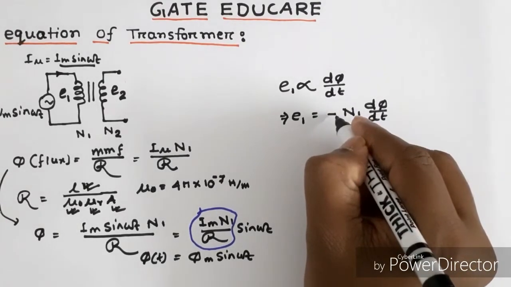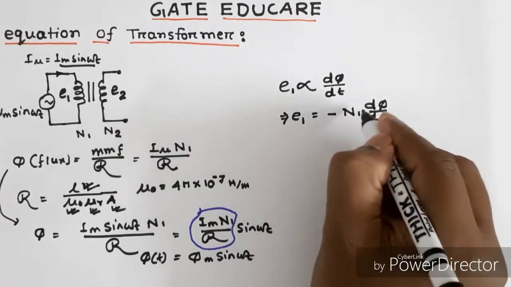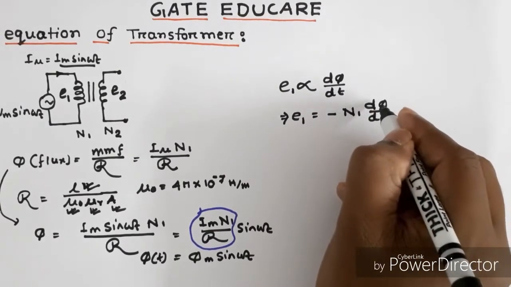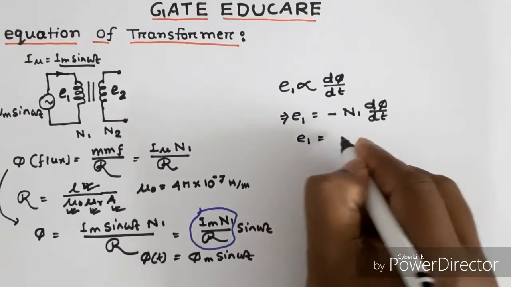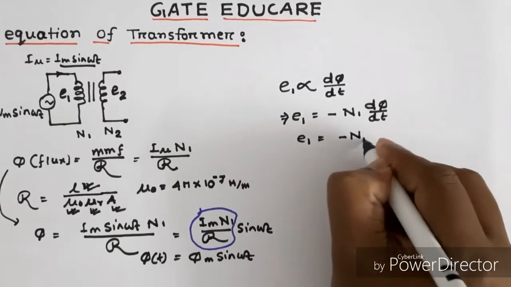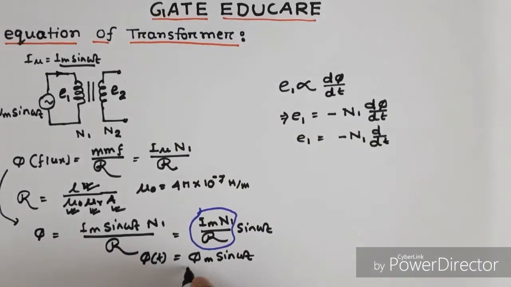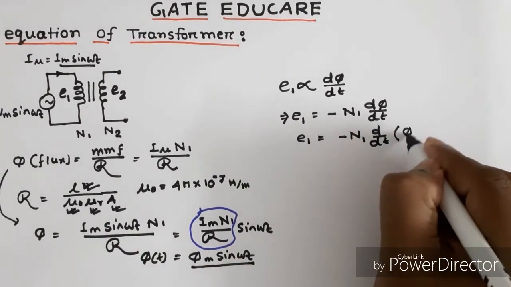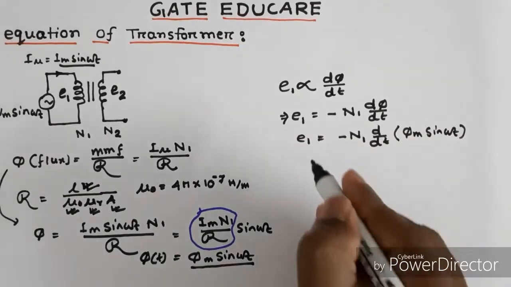The minus sign represents the opposition of the induced EMF to the producing flux. We can write E1 equal to minus of N1 d by dt of phi, and phi equal to phi m sin omega t. I put down here phi m sin of omega t.